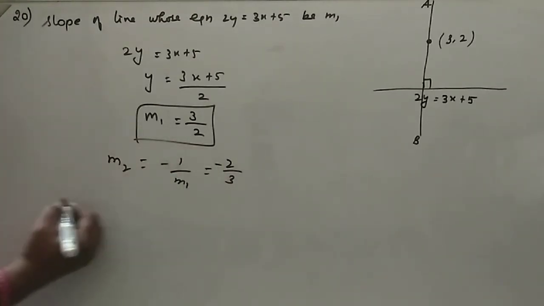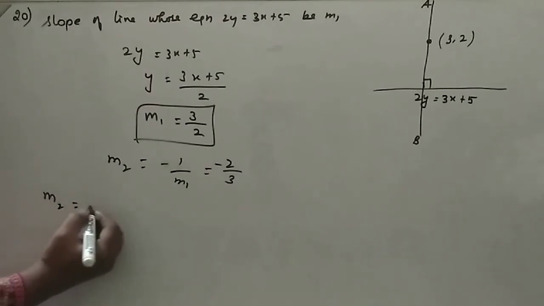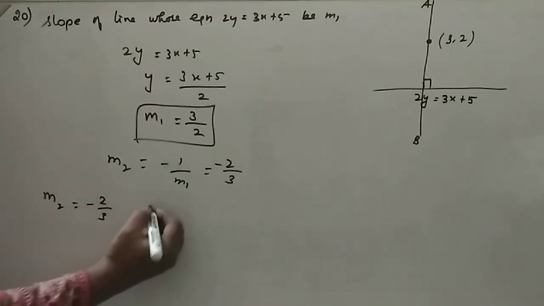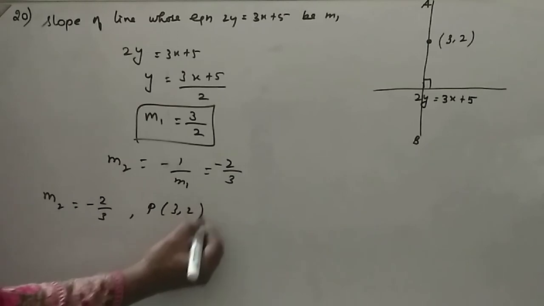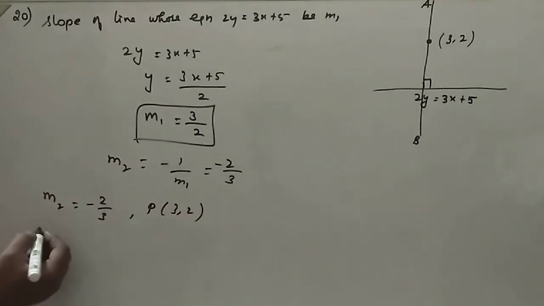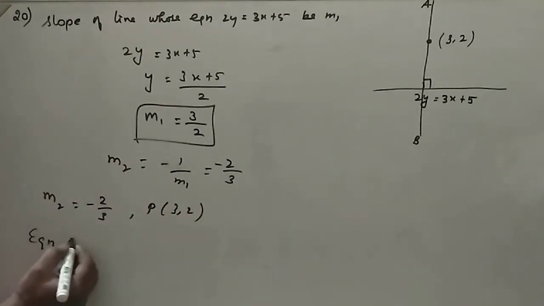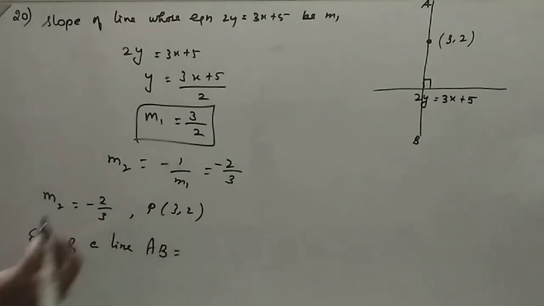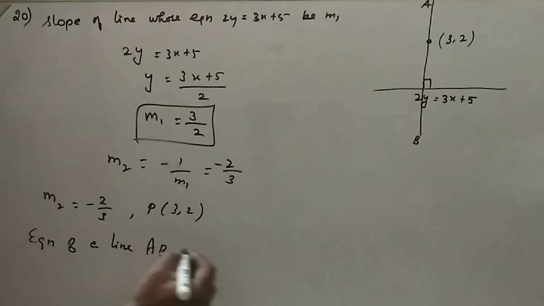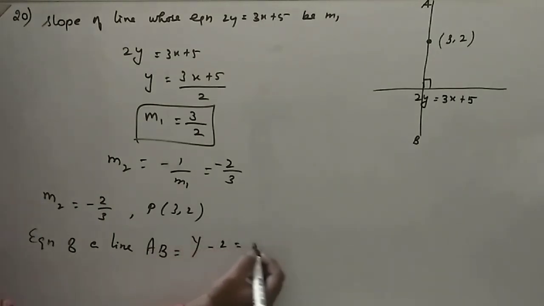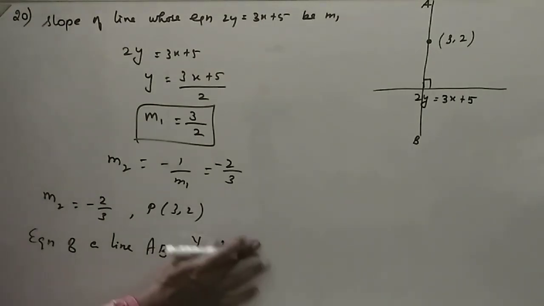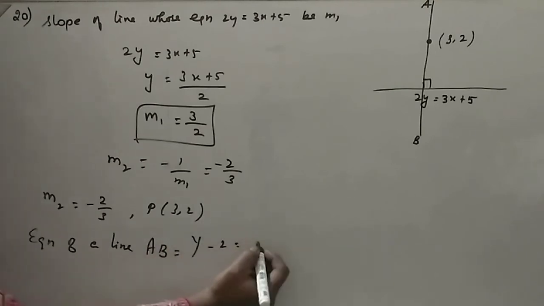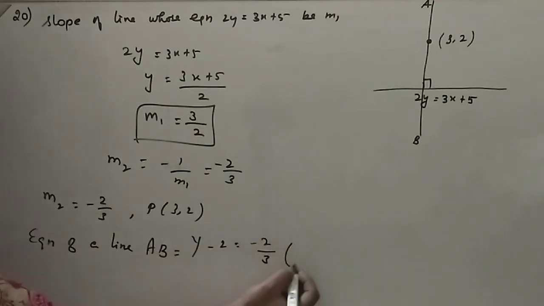And then the point. M2 is minus 2 upon 3 and the point is 3, 2. Can you get the equation of the line AB? y minus 2 is equal to m into x minus 3, where m is minus 2 upon 3.